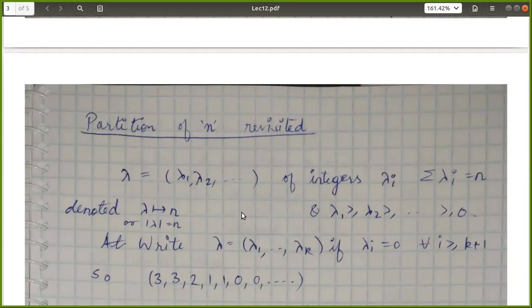Such a thing is called a partition of n, and you write lambda as lambda 1, lambda 2, up to lambda k if anything after this is 0, which means lambda k is the last element which is non-zero, or rather positive. And of course lambda 1 is greater than or equal to lambda k because of this ordering, right? In that fashion, I know that lambda is unique.